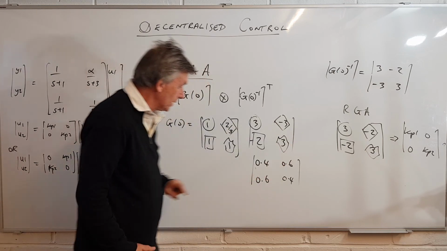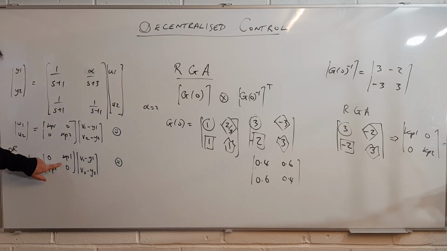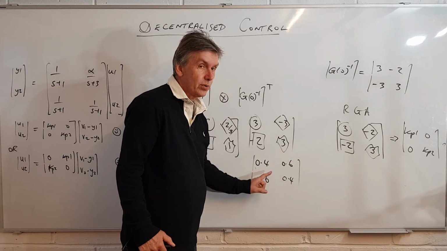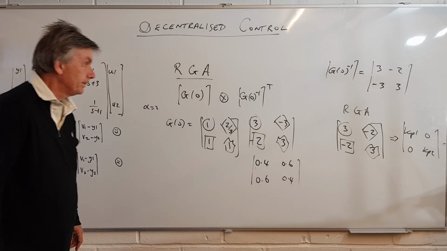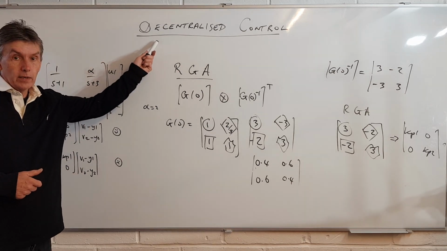The bigger numbers would indicate that this controller might be more efficient, but you could use this one as well. And the closer these numbers are to 1, the more probable it is that it's the best controller. That's the basic thinking behind the design of decentralized controllers.